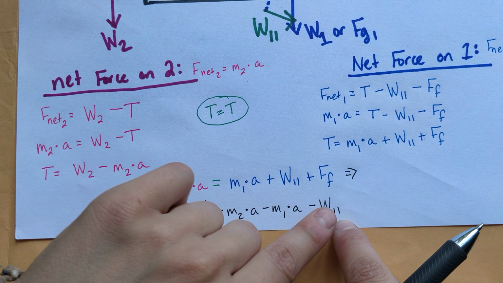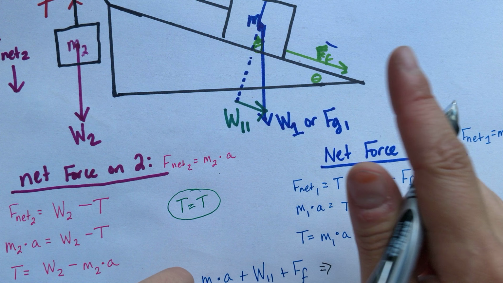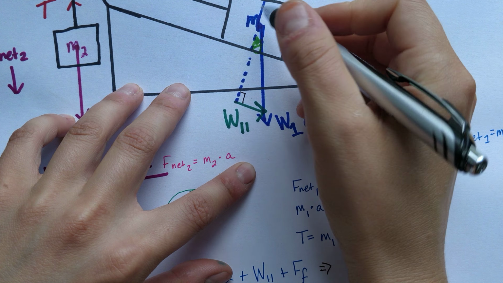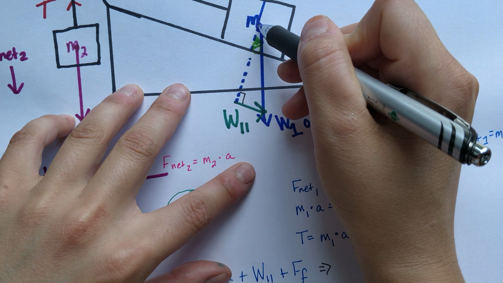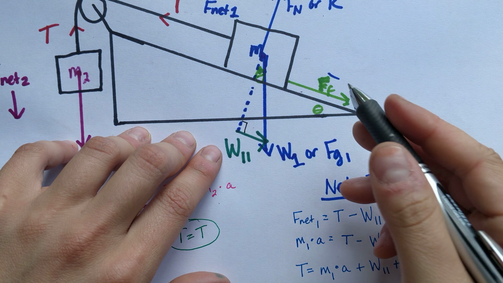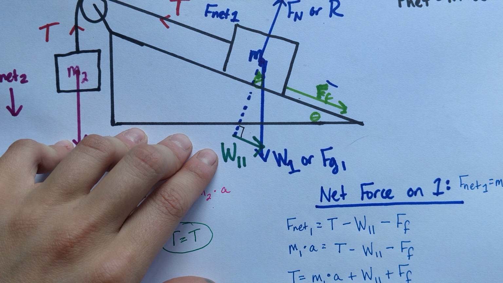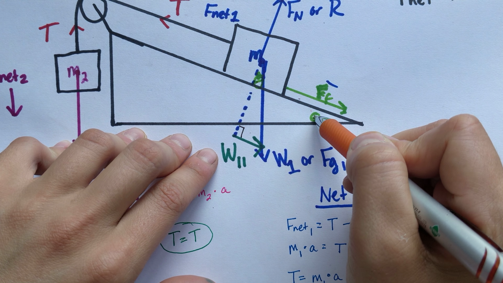Okay, now let us remember, to get the parallel component of weight, we need to analyze this triangle. It's a right triangle because this component of the force of gravity and this component of the force of gravity are perpendicular. And if I remember from my trig functions, I have an angle which is equal to this theta.